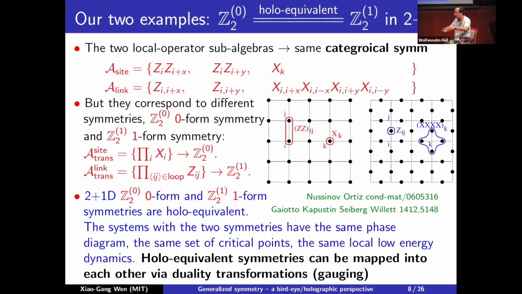So the symmetry transformations for deformable loops are different in this lattice version. I think in the field theory version they are identical. The field theory version is kind of like a projection onto some subspace of this lattice version. But anyway, the so-called one-form symmetry here is really a non-topological one-form symmetry.